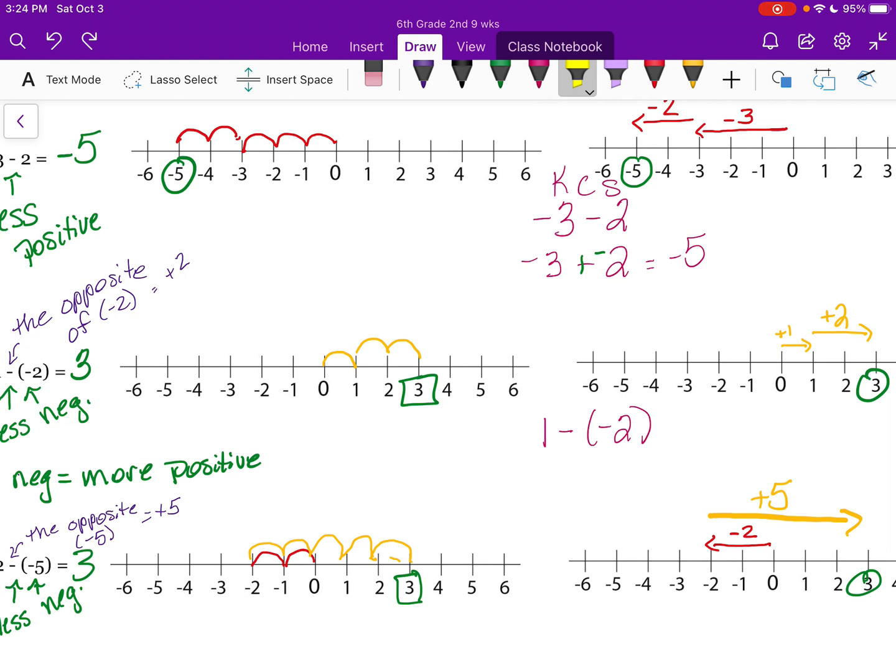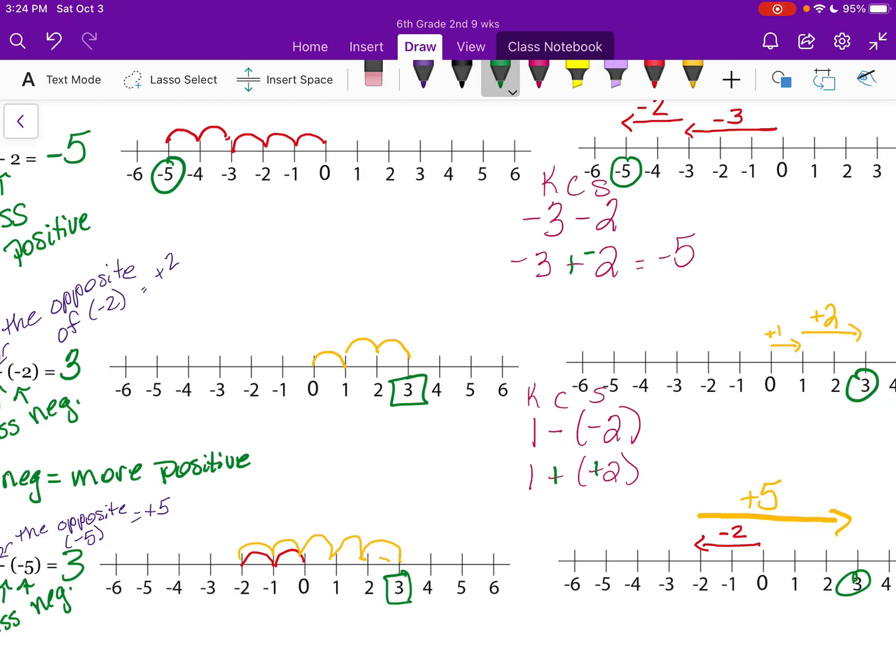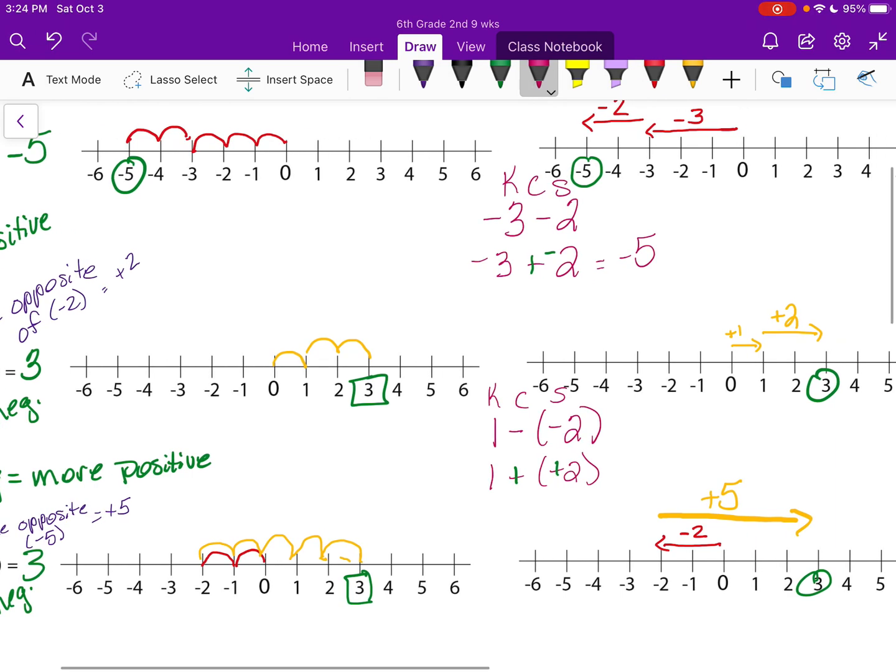So we keep change switch. I'm just going to rewrite it so I can have a second one to do. So I change subtract to add, and then I switch the -2 to a +2. And then we just have 1 plus 2, which we can clearly see in our number line. So 1 plus 2 is 3.